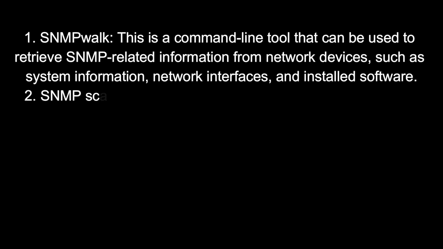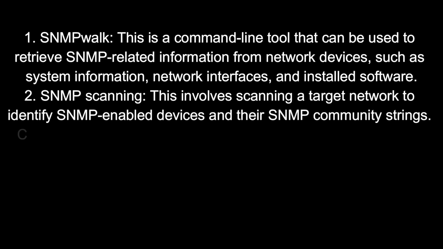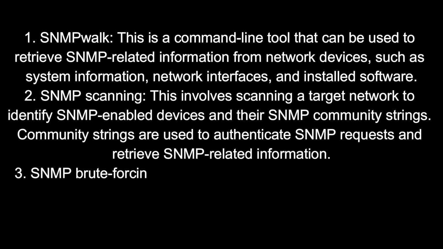2. SNMP scanning. This involves scanning a target network to identify SNMP-enabled devices and their SNMP community strings. Community strings are used to authenticate SNMP requests and retrieve SNMP-related information. 3. SNMP brute forcing.